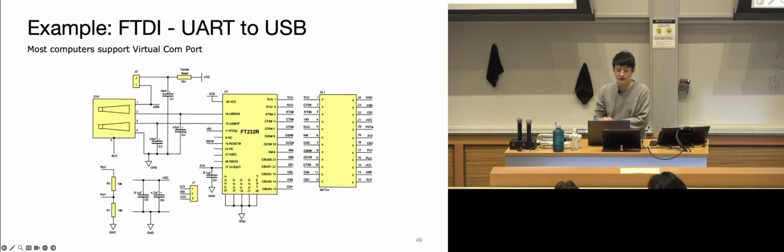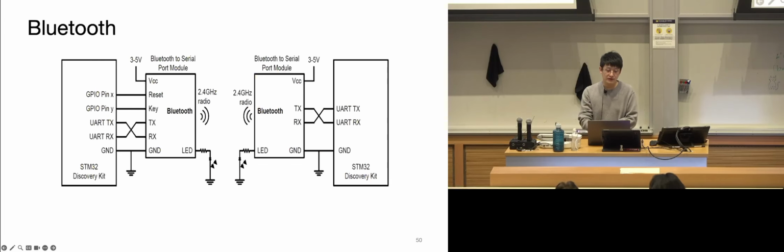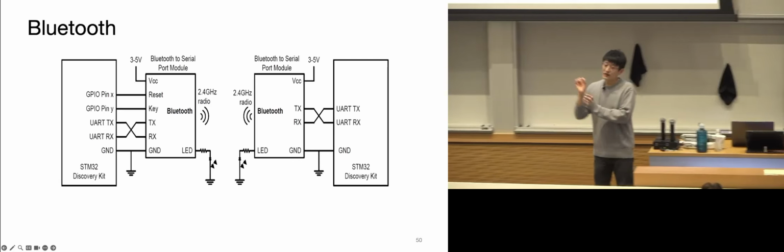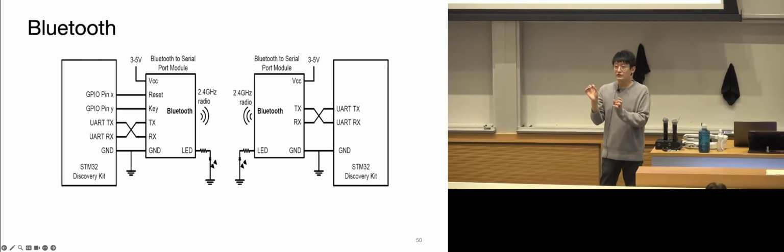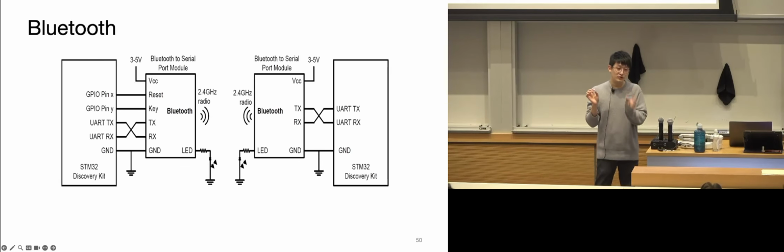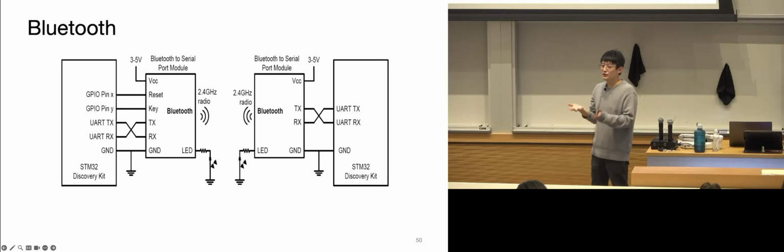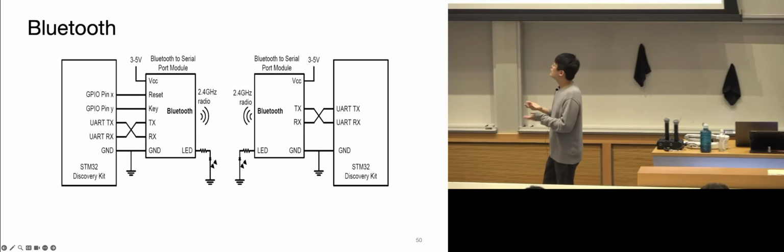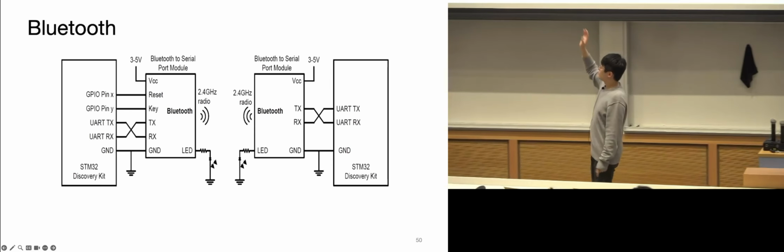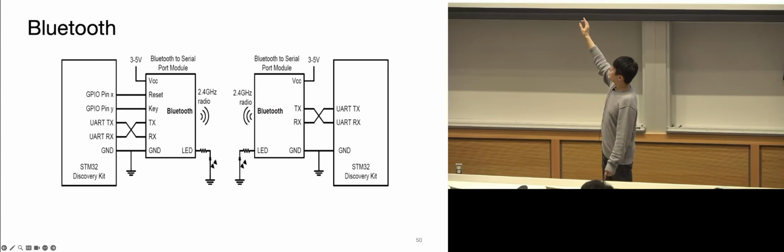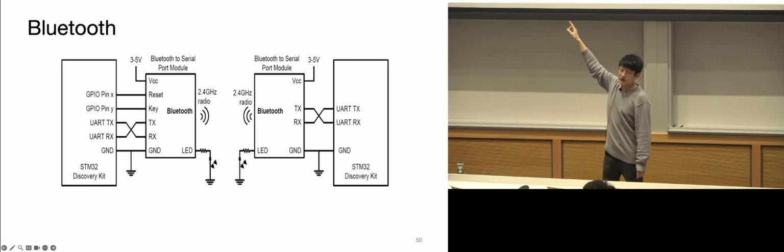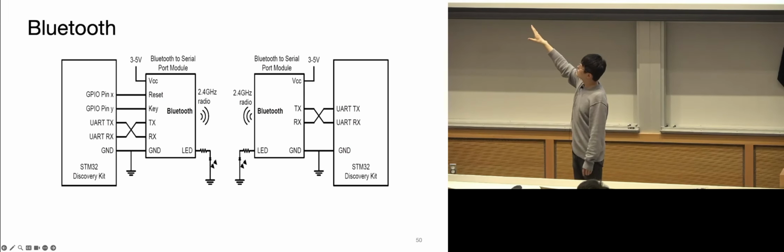This is just an example of how this will be implemented. And similarly for Bluetooth, if it's an additional Bluetooth module that you connect to your microcontroller, I think you guys are going to work with one of the HM families. If that's the case, then you would implement them through the UART protocol to your chip.